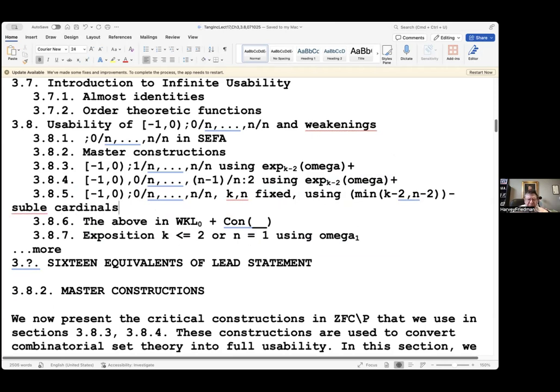This is where we use the large cardinal hierarchy to prove stuff. So I'll do this in full, polished detail, using the master constructions that we'll talk about today, and then talk some about how you use Con instead of WK.